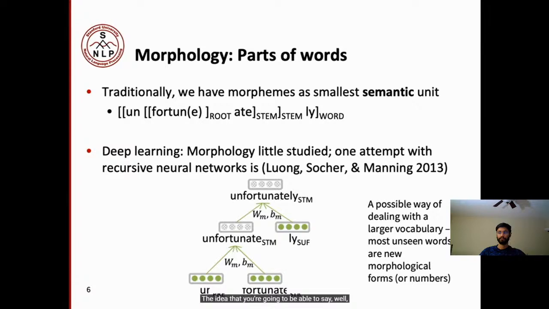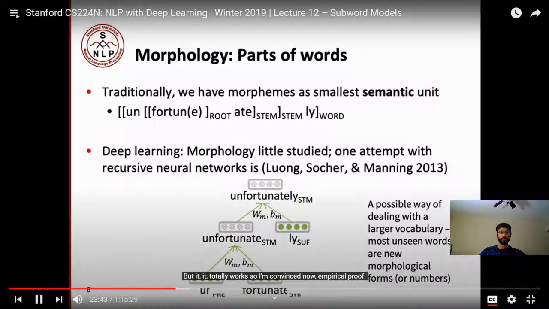The idea that you're going to come up with a vector representation of H and a different vector representation of A and a different vector representation of T, and somehow that'll be useful for representing what a hat means once I put it through enough neural network layers, frankly sounded pretty unconvincing to me. But, you know, it totally works, so I'm convinced now, empirical proof.